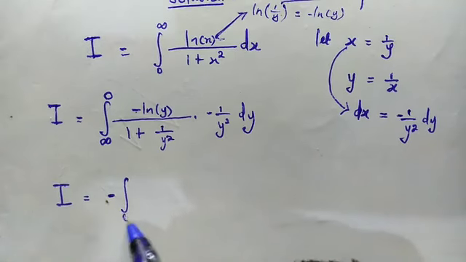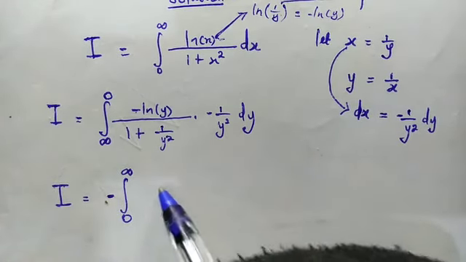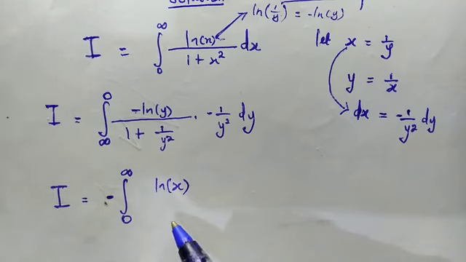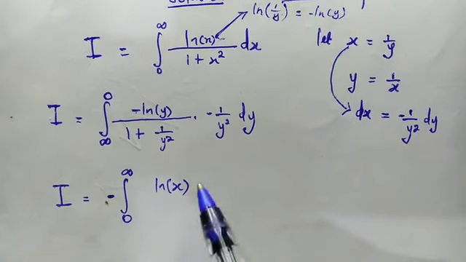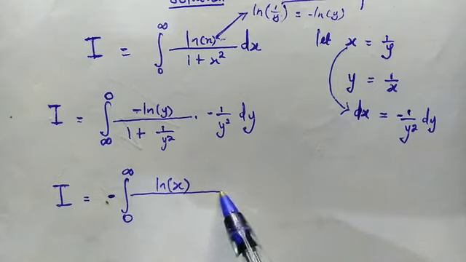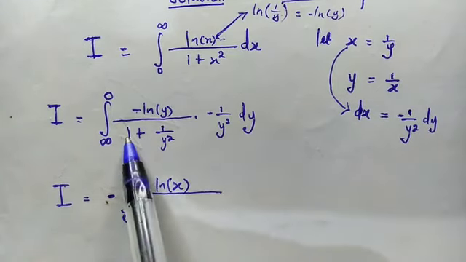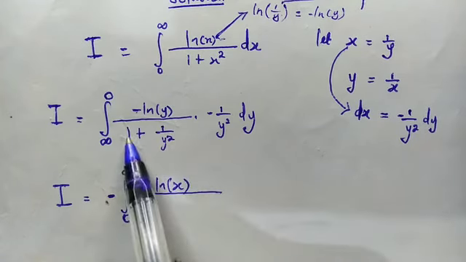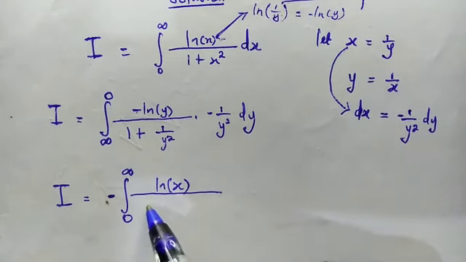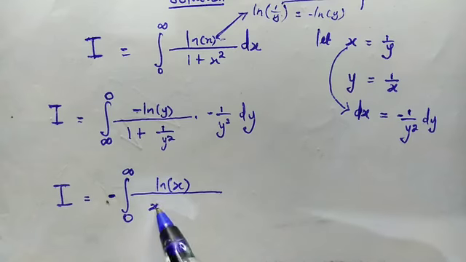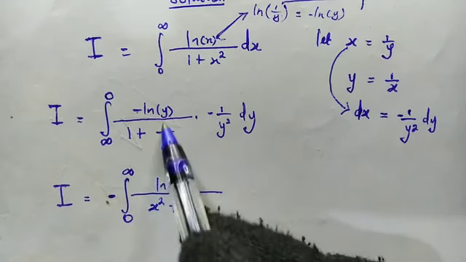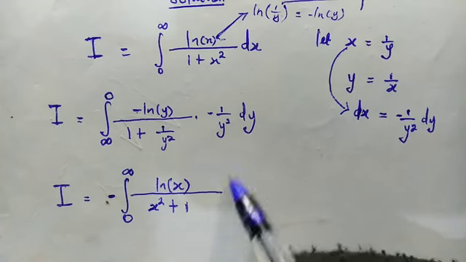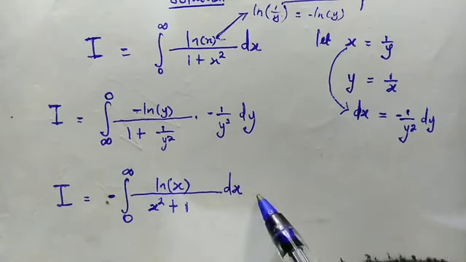So here we have from 0 to infinity of the natural log of, now we have to change that variable y to x because it serves as a dummy variable, then all over, y squared will multiply the whole denominator here. y squared times 1 over y squared is 1, and we're changing it to x, so here we have x squared. Then plus 1 over y squared times y squared, that will give us 1. Then dy will become dx.